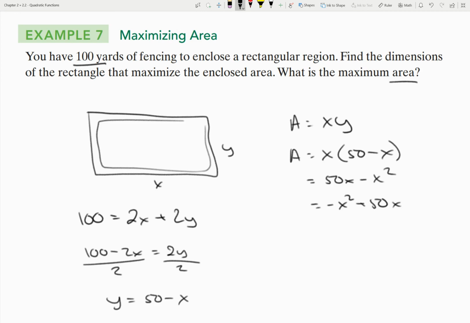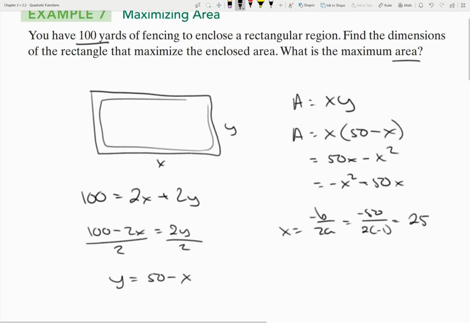Okay. So what do we want to find now? We want to find the x-coordinate of the vertex, which is negative b over 2a. That would be negative 50 over 2 times negative 1, which is a positive 25.